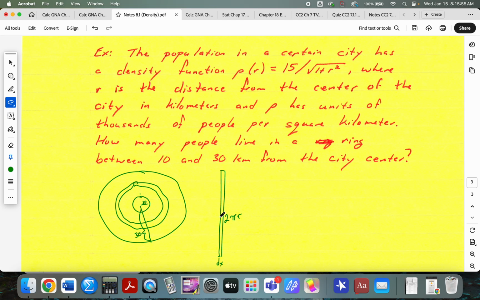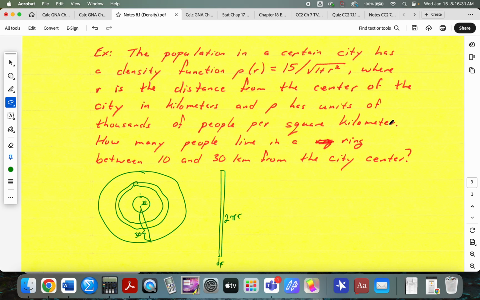So the area of this strip is 2 pi r times, actually this is going to be not dx but dr, right? A tiny little change in the radius. That makes sense. So if I take the integral of the density times the area, because I know it's got to be area, because the units on my density is people per square kilometer, right?